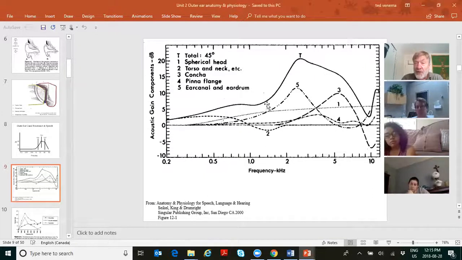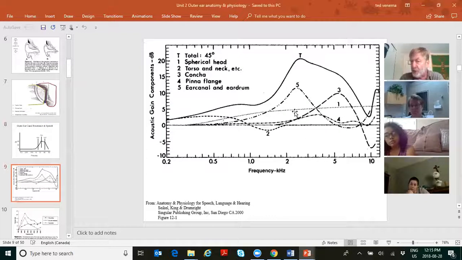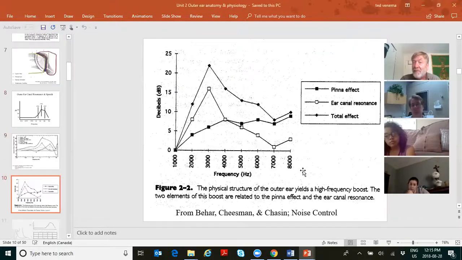Okay, this is my drawing, and this is a researcher's drawing. I'm drawing this outer line here, and look where the peak resonance is, around 2,700 hertz. Frequency in kilohertz. See? Told you.